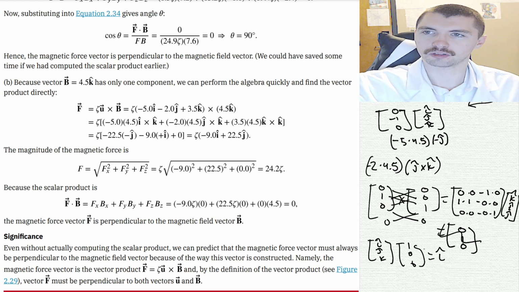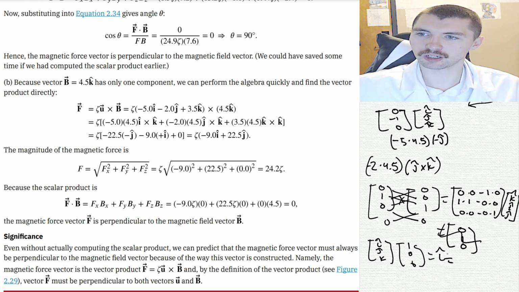Okay, so I just proved i hat equals j hat cross k hat.